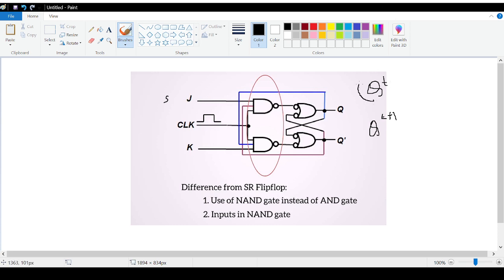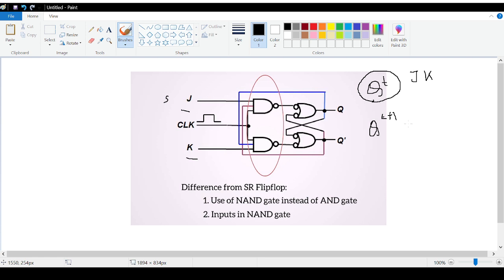I want to take the input J and the input K, and find out what my next state of the flip-flop will be. The next state depends on what value my flip-flop is currently holding, because if it's no change, then my current value stays as it is. My current value becomes my next value.